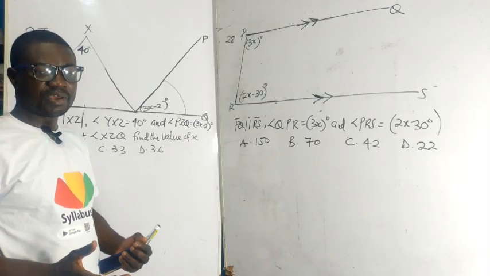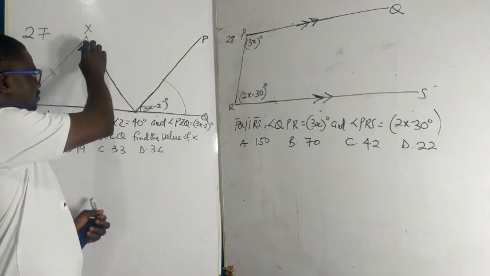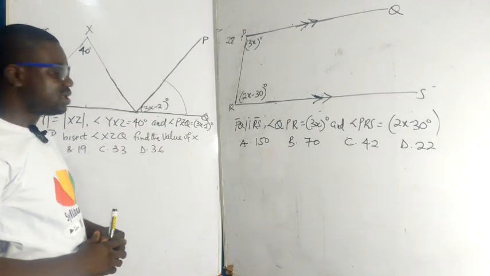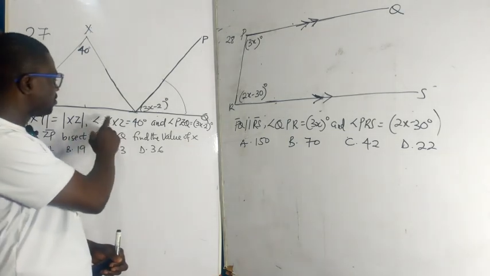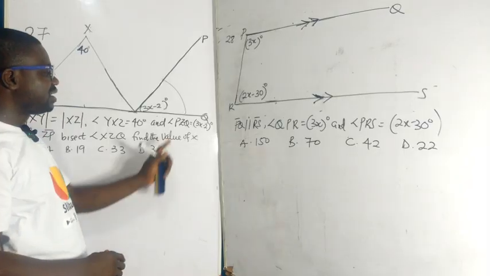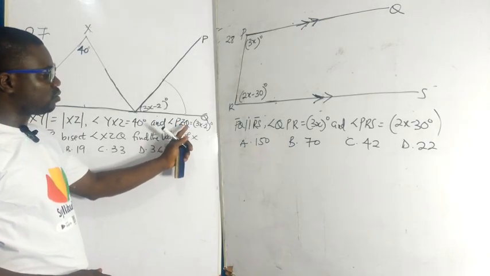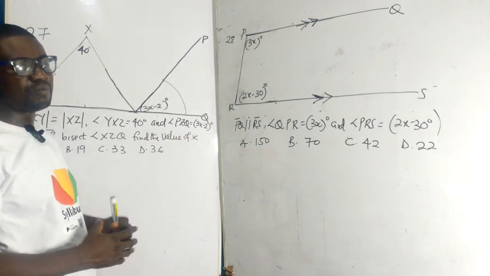So the major information is 40 and 3x minus 2. We said angle YXZ is 40 degrees and angle PZQ is 3x minus 2. So these are the information.